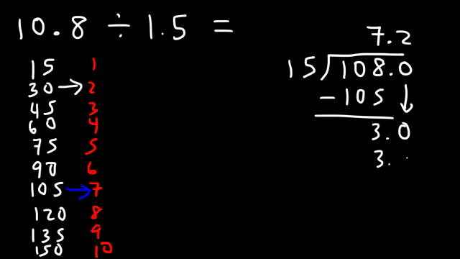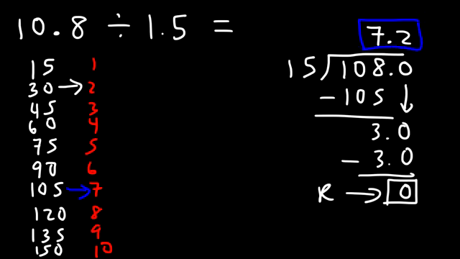So if 15 times 2 is 30, 15 times 0.2 is 3. And so we have a remainder of 0. Once you get a remainder of 0, what you have on top here is your final answer. So therefore, 10.8 divided by 1.5 is 7.2. And so that's it for that problem.